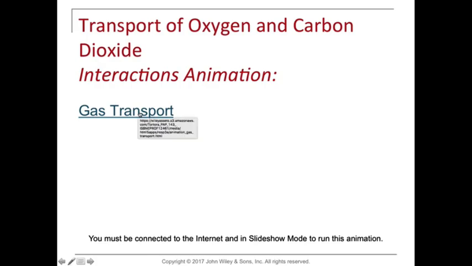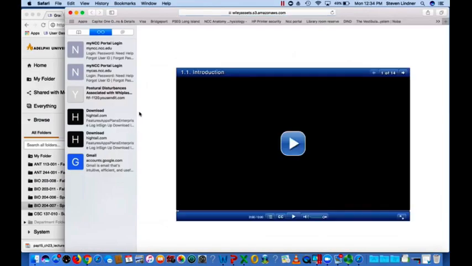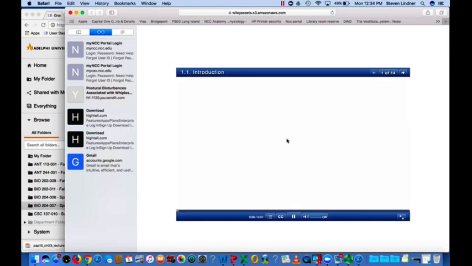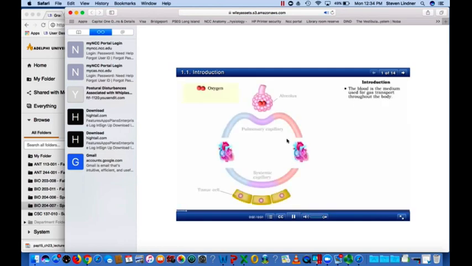Let's take a look at the interactions here. The blood is the medium used for gas transport throughout the body. Oxygen is required for metabolic activity of all body cells, but is only available in the lungs. The partial pressure of oxygen is higher in the alveoli than in the blood, so oxygen diffuses into the blood and can be transported to the other parts of the body.